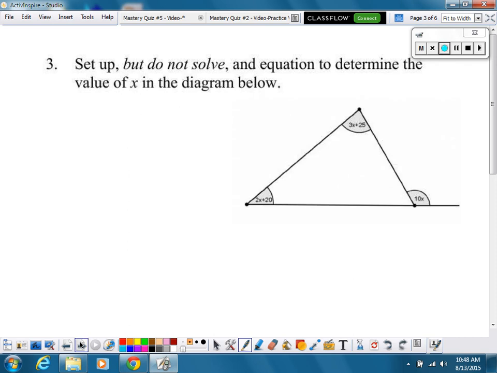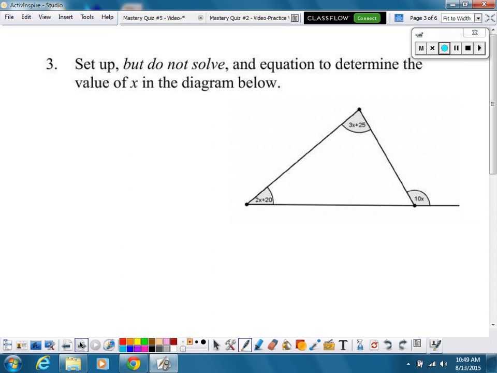Question number 3. Looking at this diagram, you have a triangle, but you only know two angles in the interior of the triangle, and you know an exterior angle. We learned that the exterior angle of a triangle is equal to the sum of the two opposite interior angles.